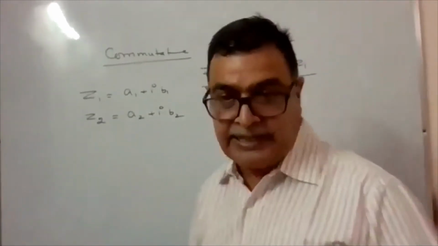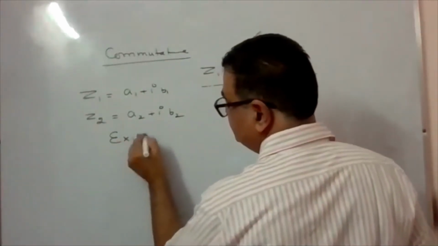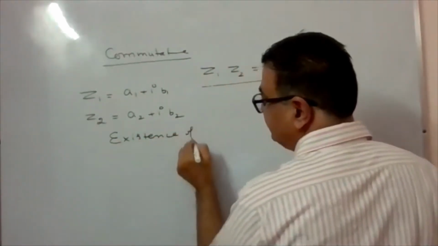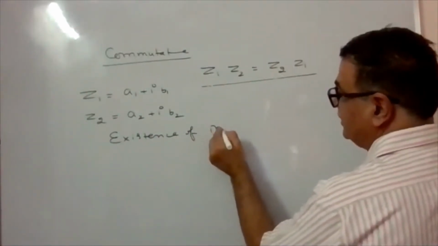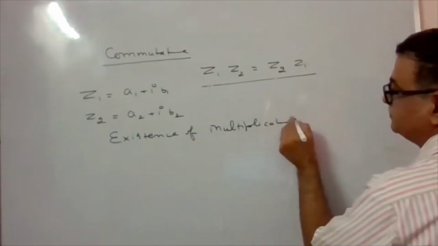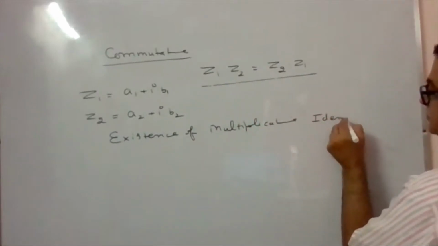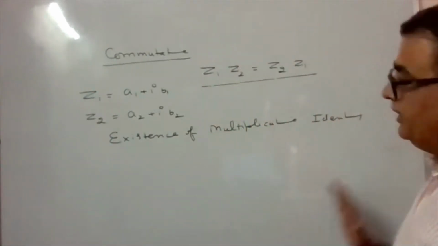Third one is existence of identity, that is multiplicative identity.